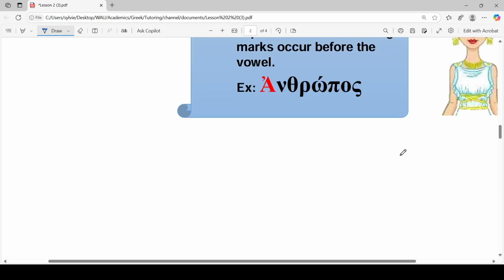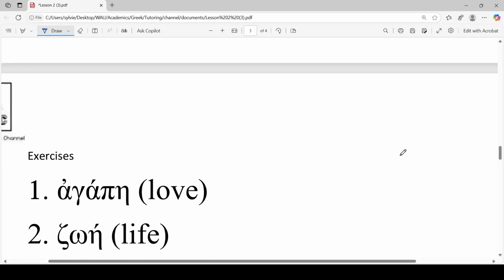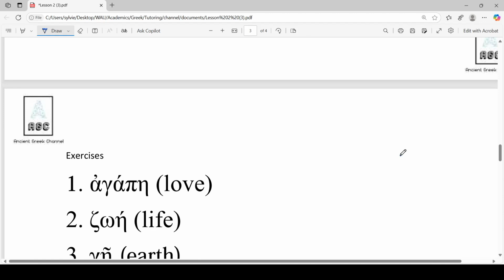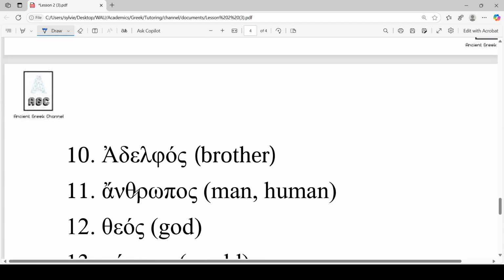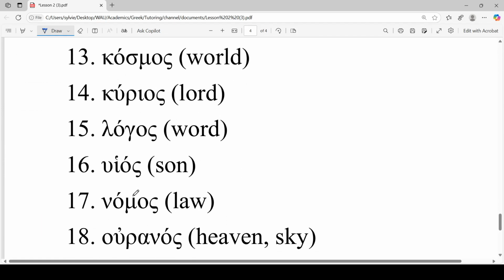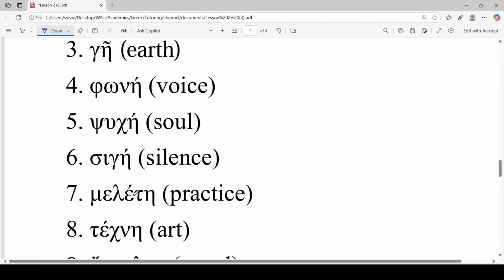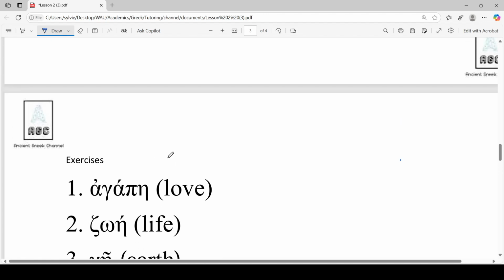Thank you, Athena. Now let's go to our exercise where we'll learn how to pronounce these very common Greek words, especially in the New Testament Greek version.